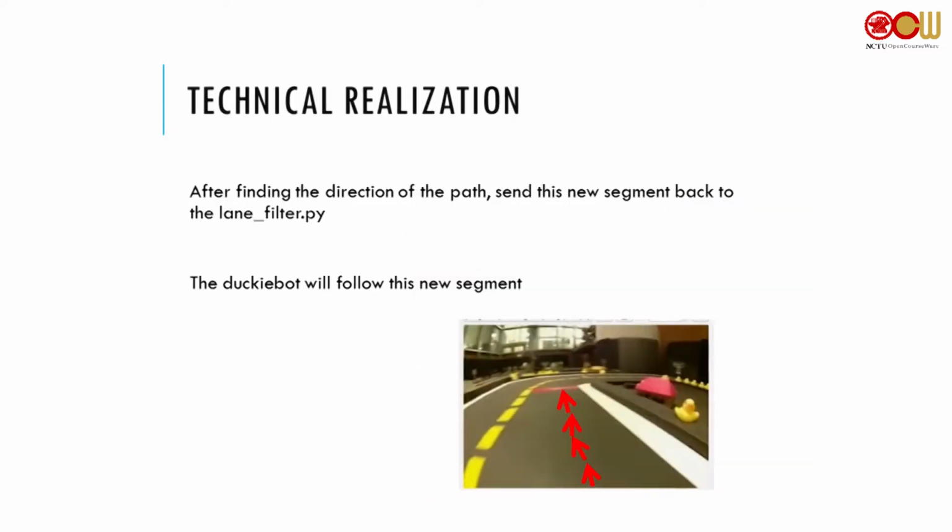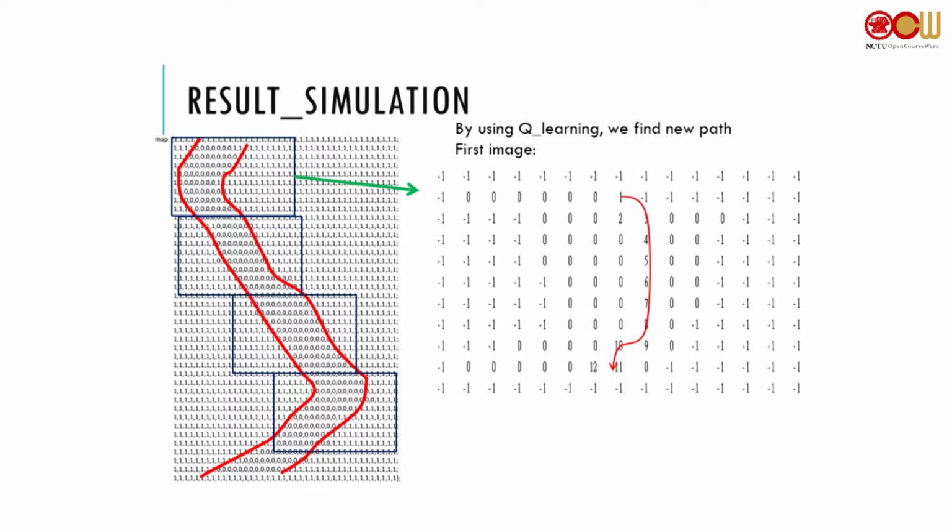After we find the direction of the path, we get it back to the lens filter, and this new segment will replace the white line and yellow line. So we'll follow the red line. And we did some simulation using MATLAB. On the left side is the environment we built, with windows that can move.